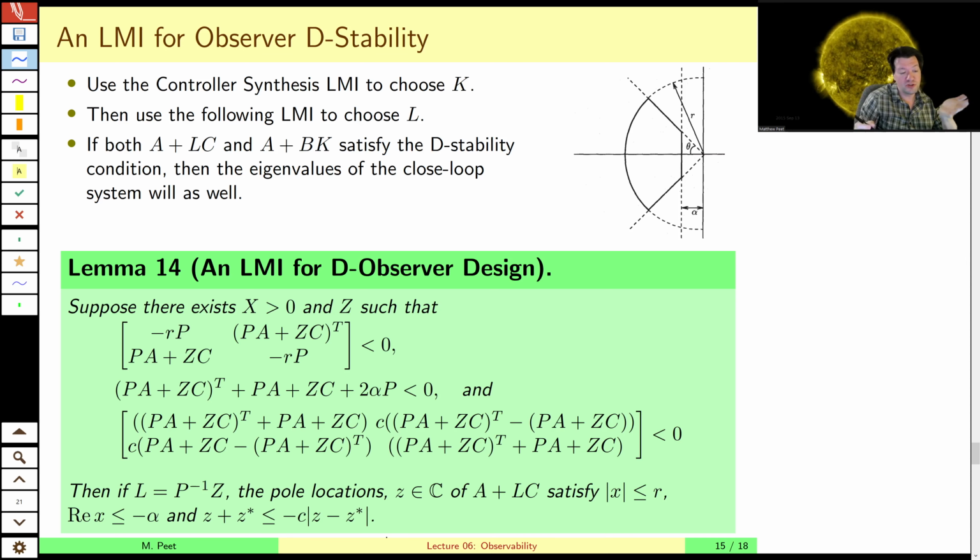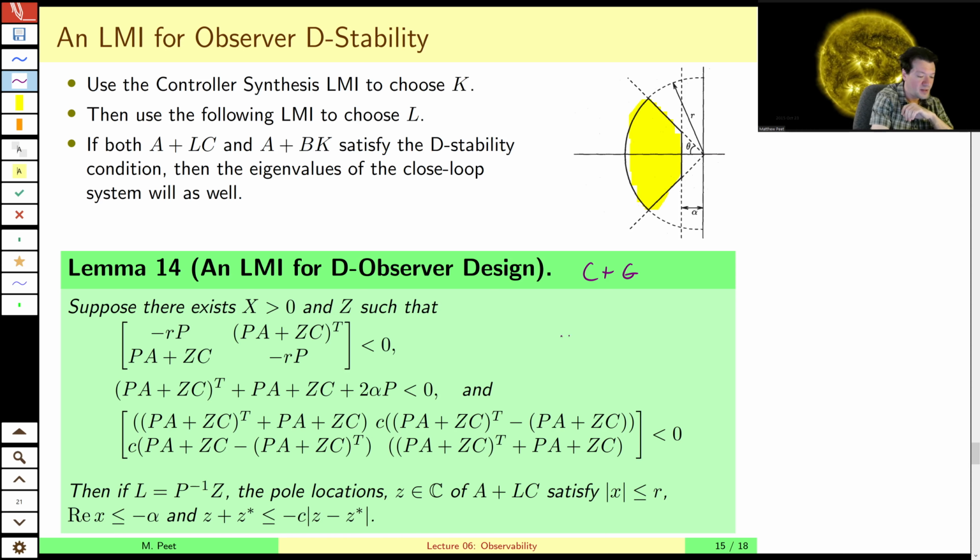So if we want our closed loop observer-based controller to have a specific range of eigenvalues, say given by those LMI regions that we talked about in the previous lecture, well, that was lecture 4, we can apply the results of duality and get an LMI for D-stability of the observer as well. If we couple that with an LMI for the controller, that will guarantee that all of the eigenvalues of our closed loop system will lie in our desired LMI region.